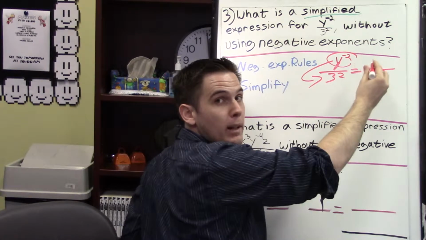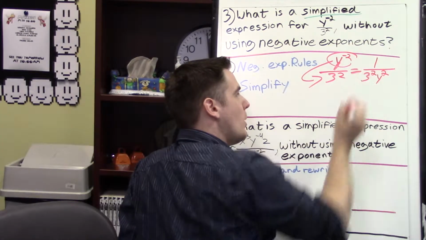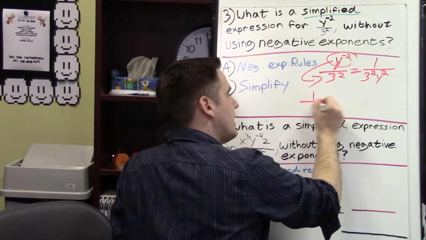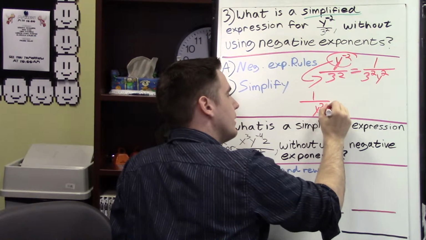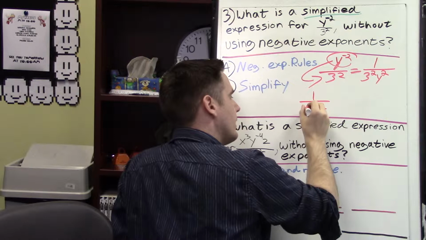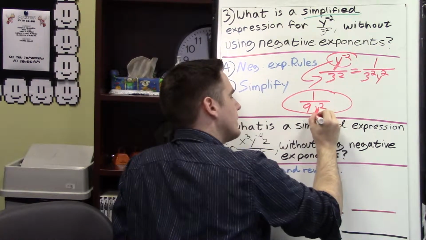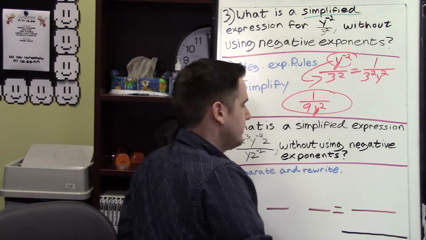And simplify. Meaning we can't simplify the y squared, but we can simplify the 3 squared into 9. So that would be your answer.